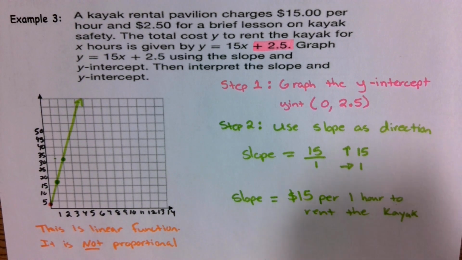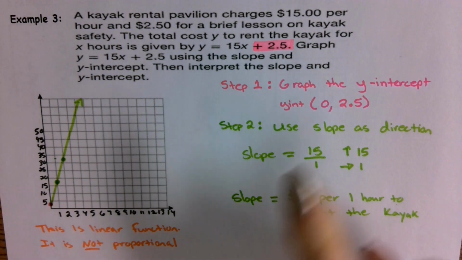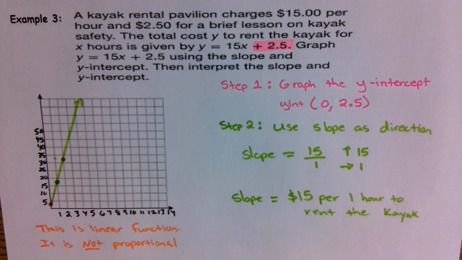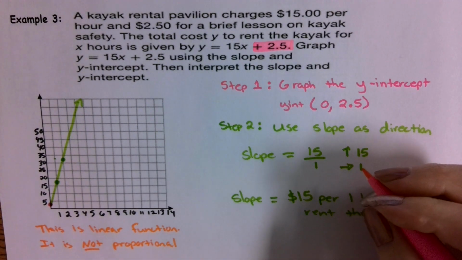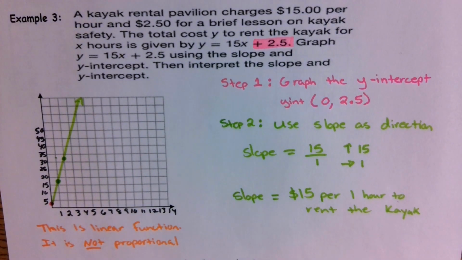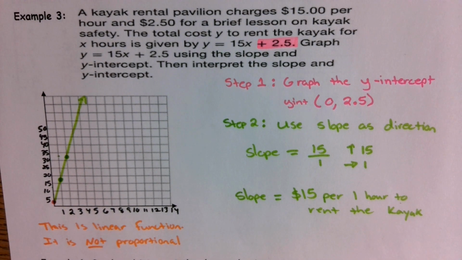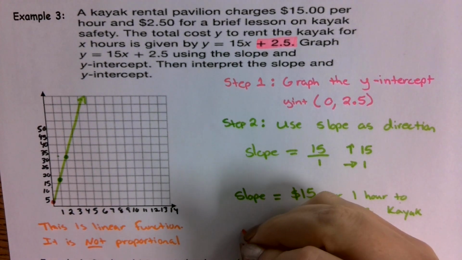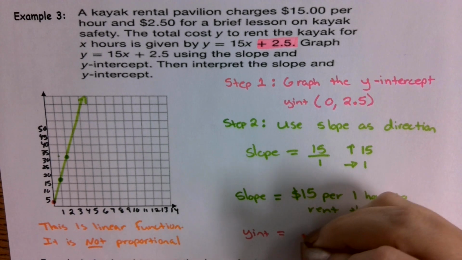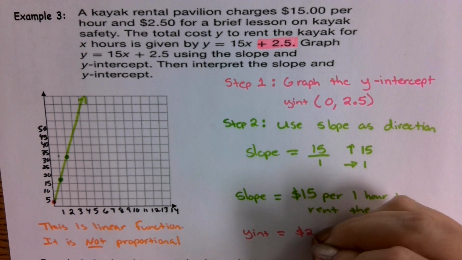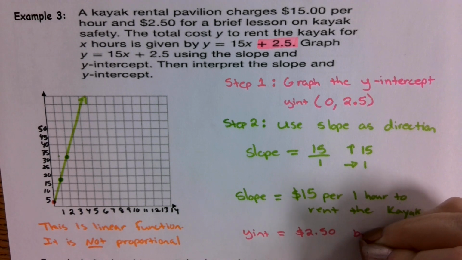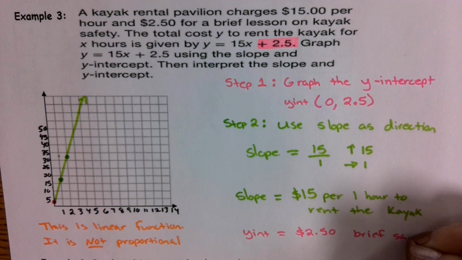You just have to relate it back to the problem. What did the 2.5, the y-intercept, represent? What does the 2.5 represent? $2.50 for the brief lesson. Good, yeah, right? The safety lesson that they have. Okay, so the y-intercept equals 2.5 or $2.50 for a brief safety lesson.